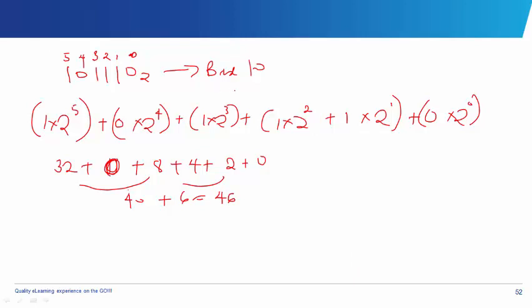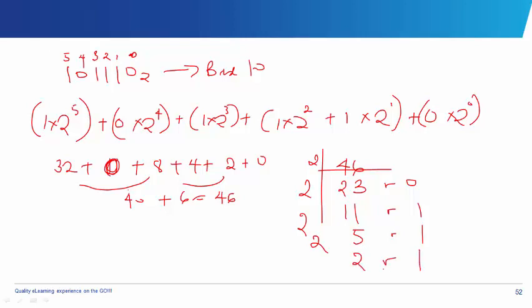So to confirm that we're correct, we'll convert 46 back to base 2. This you can do behind your answer sheets if you're in the exam hall. So 2 into 46 will give us 23, remainder 0. 2 again will give us 11, remainder 1. 2 again will give us 5, remainder 1. 2 again will give us 2, remainder 1.